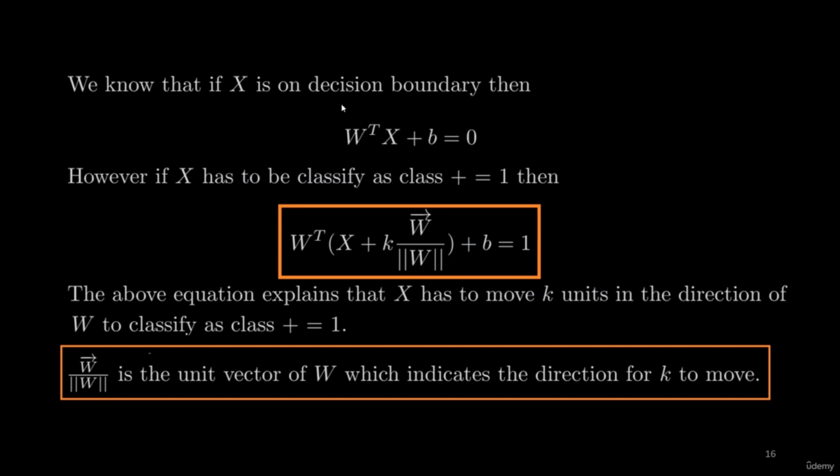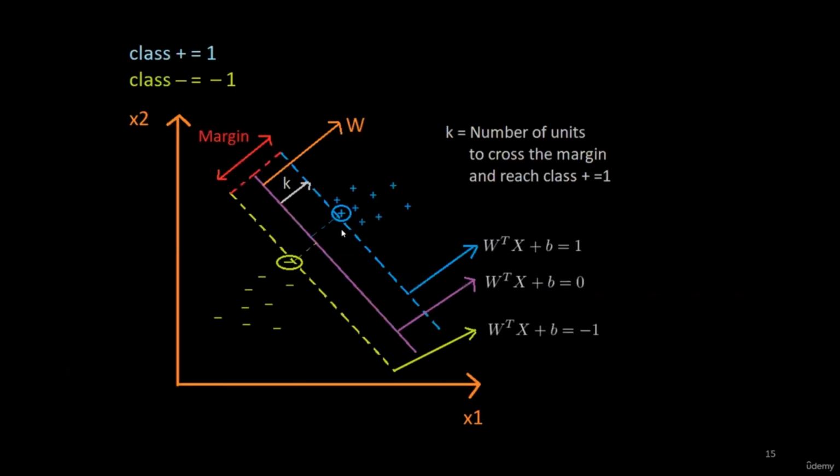If these points are on the boundary, then their value is 0. And if these points want to be classified as class 1, they have to travel k units in this direction. Two things are important: they have to travel k units, but in what direction? Because at the decision boundary, we have two directions. One direction is toward the positive class and one is toward the negative class.